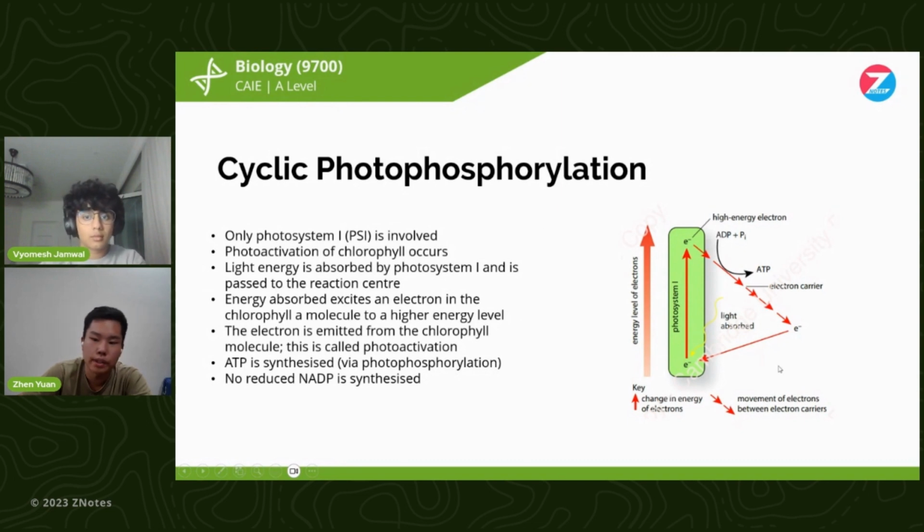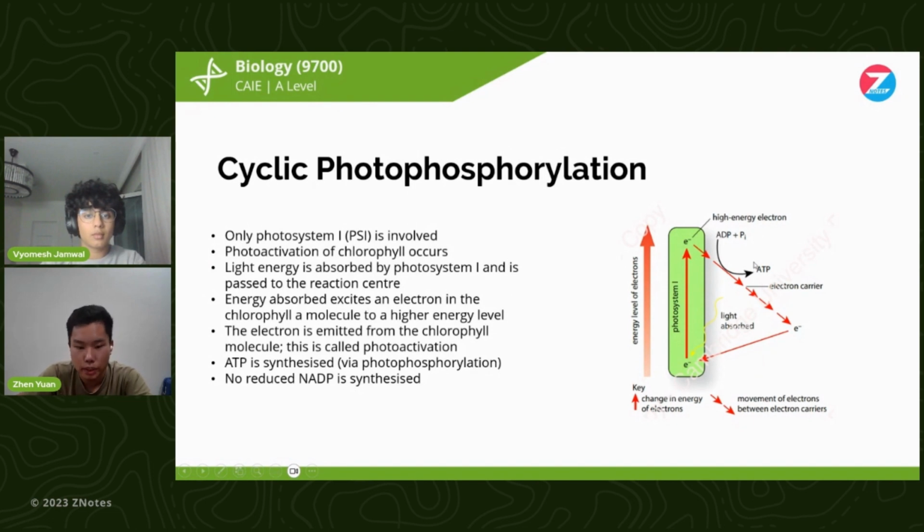So in this entire process, you can see here, when an electron is emitted from your photosystem 1, it is accepted by your first electron carrier and passes through what did we learn? Your electron transport chain.